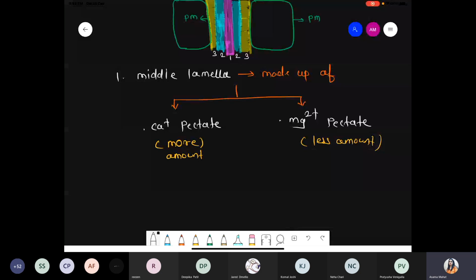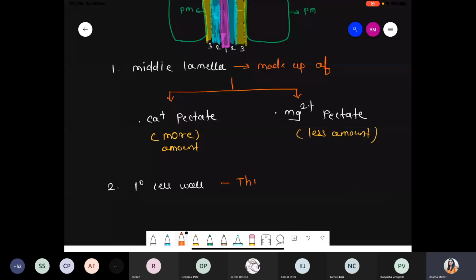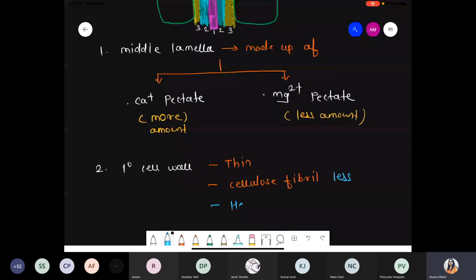Another one we are talking about is the primary cell wall. The primary cell wall is thin. As for the fibril, that is the cellulose fibril, as we just saw, these are the fibril part, right? And hemicellulose is the matrix part. The cellulose fibril is present in low concentration, but the matrix part, hemicellulose, is present in high concentration.